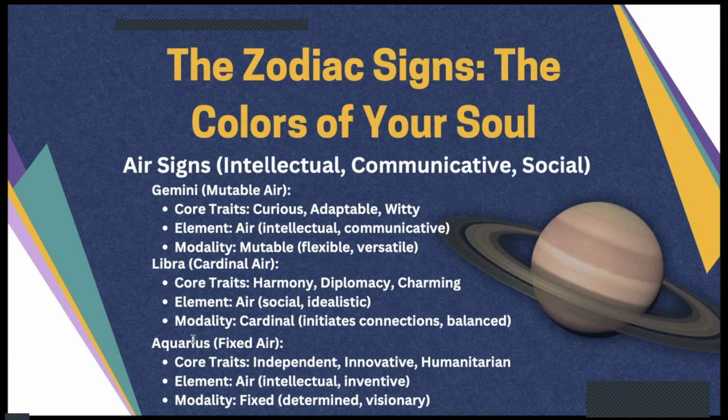The reason why Gemini sometimes gets called flighty, or is said to have multiple personalities? No, they're just mutable. They're intellectual as well. Gemini is a slept on intellectual. They're more practical and smart with the way they move. Great communicators.